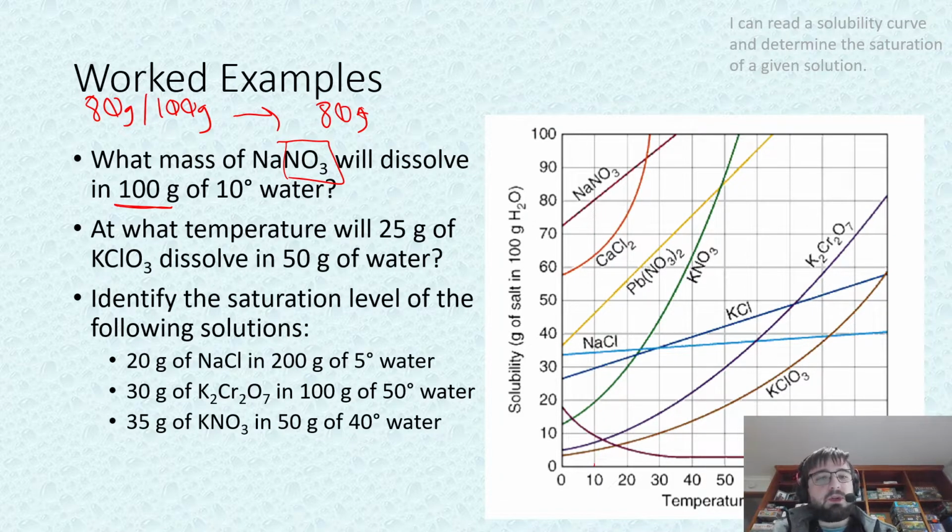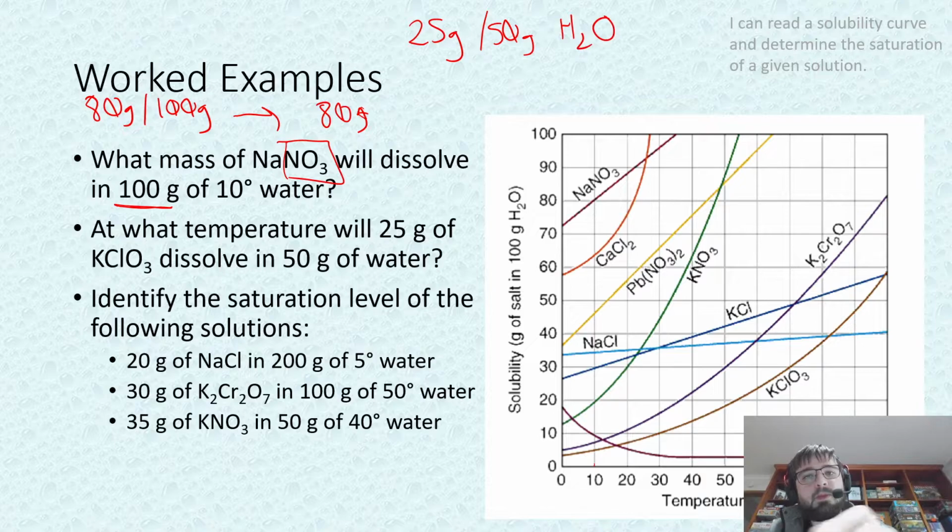At what temperature will 25 grams of potassium chlorate dissolve in 50 grams of water? All right, so how much do we have dissolved per 100 grams of water here? If we've got 25 grams per 50 grams of water, then per 100 grams, we'd have 50, right? Like if you had 20 grams in one glass of water, then it would make sense that if you had 2 glasses of water, you have 40 grams.